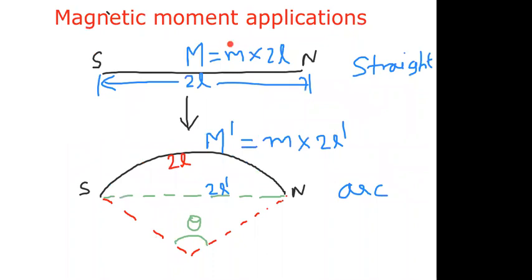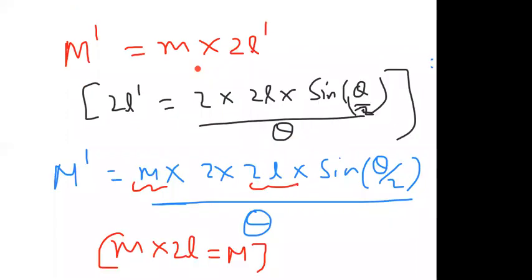Observe here, small m into 2L is called capital M. So from that information, in the place of small m into 2L, I am substituting capital M. So what will we get here?